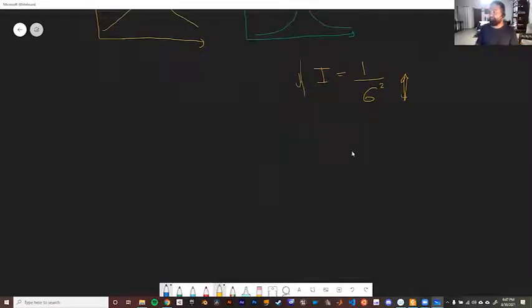So for example, let's say I had a random variable like this, which is normally distributed, and let's say its mean is mu and its variance is sigma squared, and let's say I multiply this random variable by a constant a.